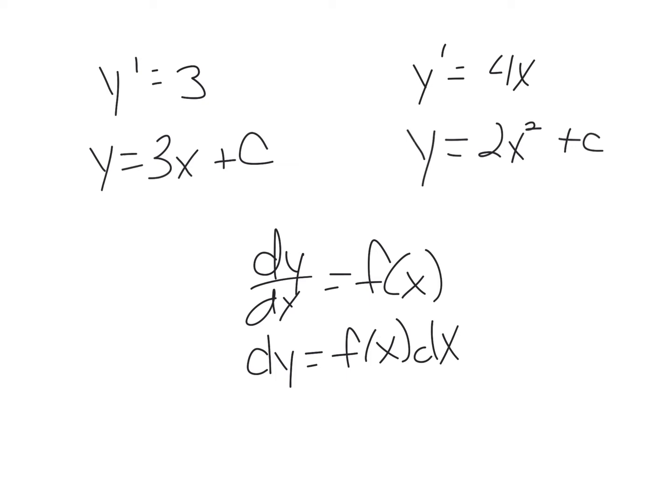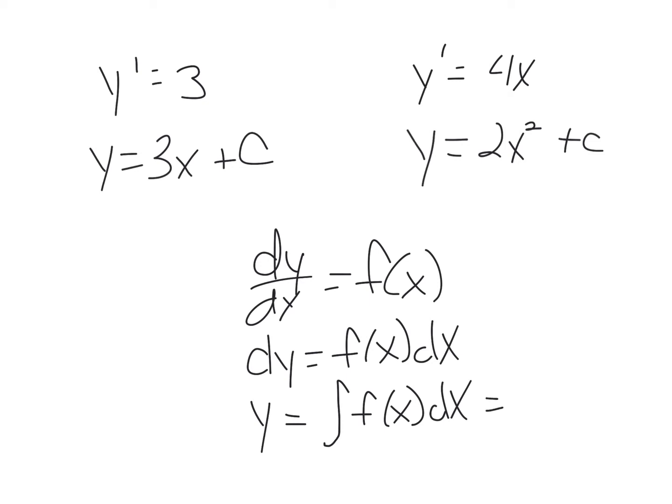Now, if we want to find out what the antiderivative is of f of x, one way to write this is a symbol, which we're going to hold off on. The symbol is this little weird curvy s. By using this symbol, this tells us that we need to find the antiderivative of f of x with respect to dx. That's how it's read.